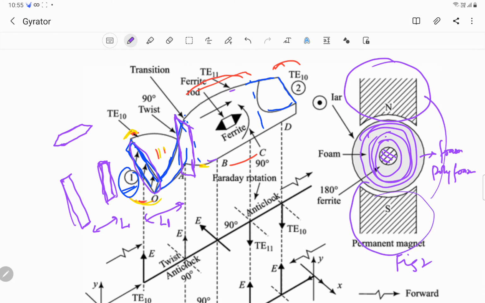So the permanent magnet is somewhere here. We have a permanent magnet surrounding the circular waveguide, as I'm drawing it. This is where the permanent magnet lies, so as to create a constant, static magnetic field, because a ferrite for its operation needs a static magnetic field.